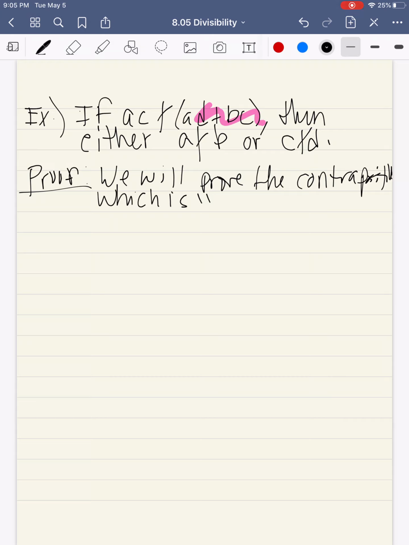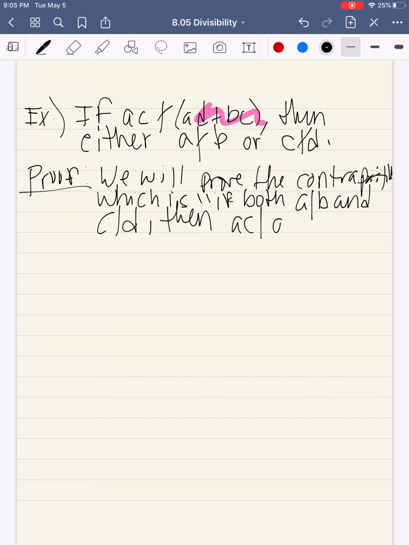So we get if both, so when I negate an either or, it turns into both and. So if both A divides B and C divides D, then AC divides AD plus BC.